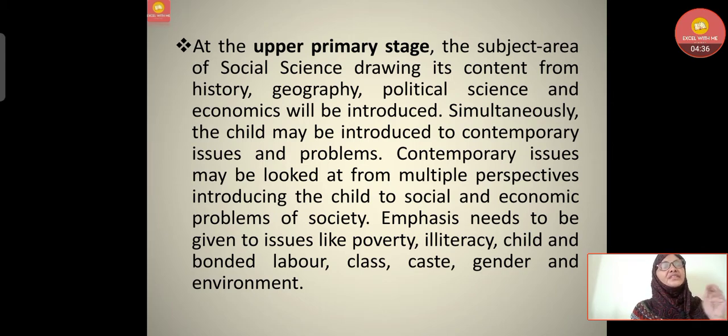Till 5th class they will not understand these sensitive areas, but from 6th class onwards the mind will start understanding the different issues in the society, like poverty, why this poorness appears in the society, why people are not literate, what is bonded labor, child labor, and about the different classes, middle class, lower class, upper class.